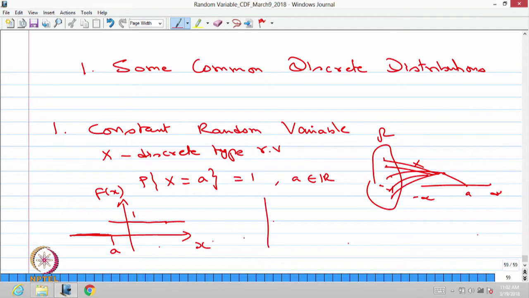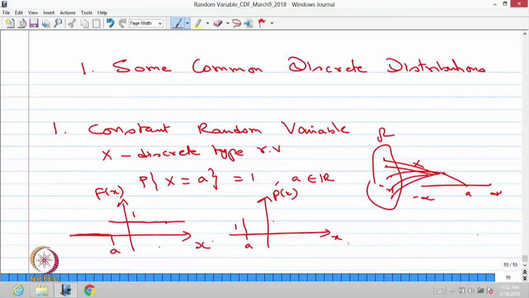And if you draw the probability mass function for this discrete type random variable, at x equal to a it has the value 1 and at all other points the mass is 0. That means the whole unit mass is accumulated at only one point.